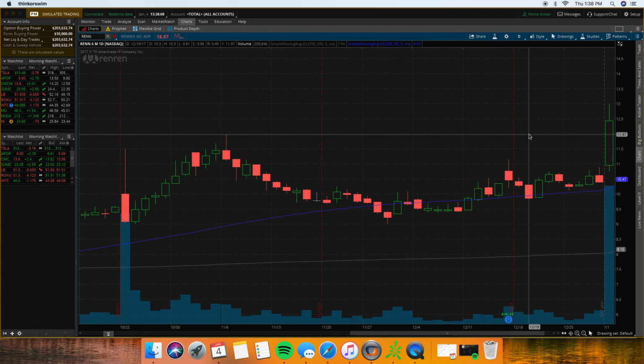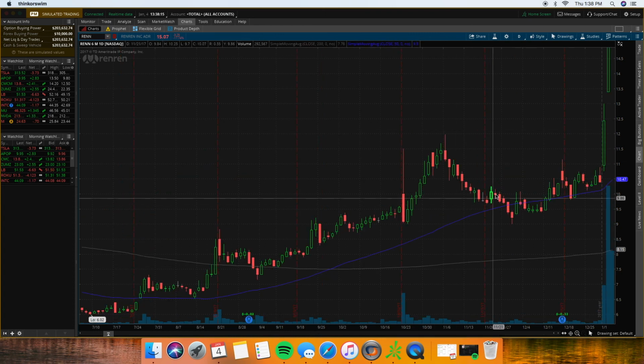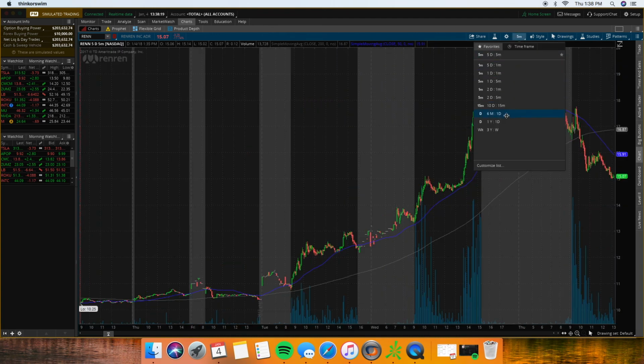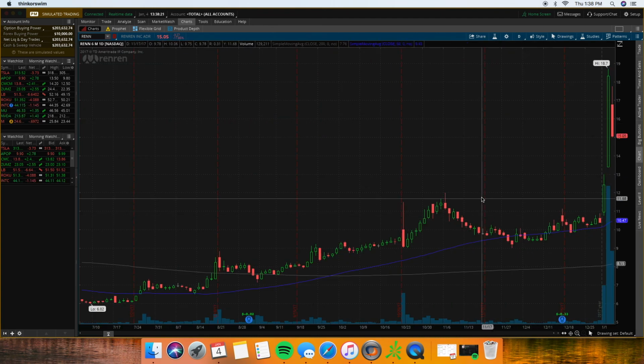So now this was actually one of my main candidates for a long, because I knew that on the daily chart it had absolutely no resistance. Hold on, let me switch this out so it works. There we go. It had absolutely no resistance. The only thing that I marked out was the top of this.